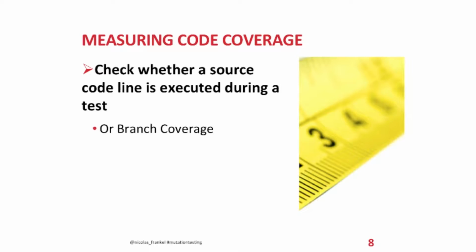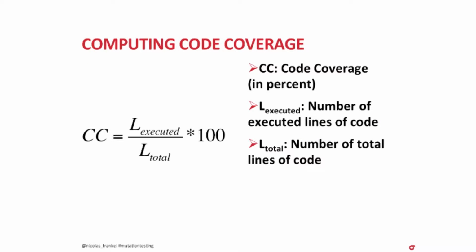If it's executed, it's great. Check, 1. If it's not executed, 0. And then the formula, even I can understand it. It's the number of lines executed divided by the number of total lines. Same for branches. So it's quite easy to compute, right?